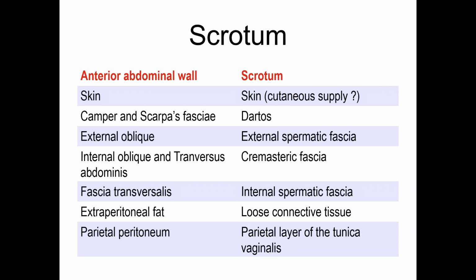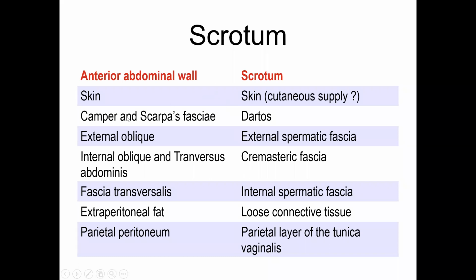The posterior two-thirds of the scrotum is supplied by sacral plexus S3. So quite distinctly there are two separate nerve supplies of the scrotum, whereas the anterior abdominal wall is only supplied by T7 to L1.